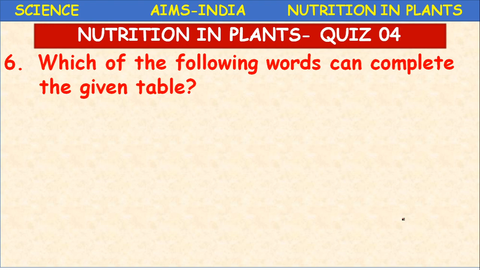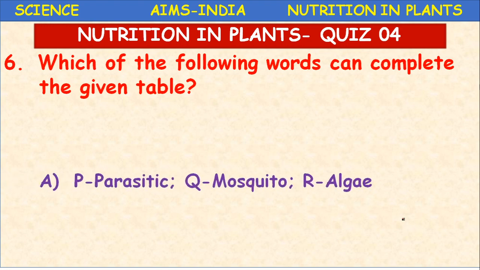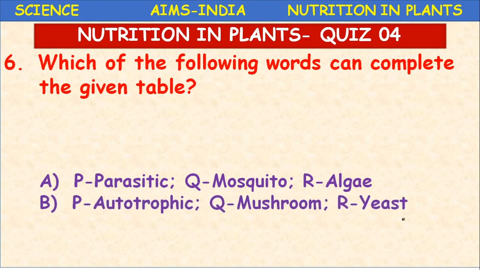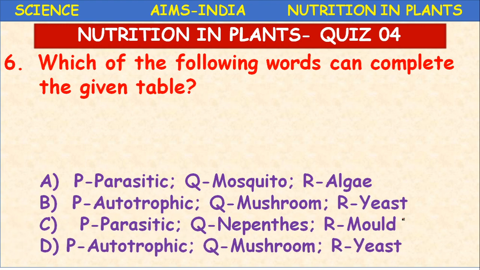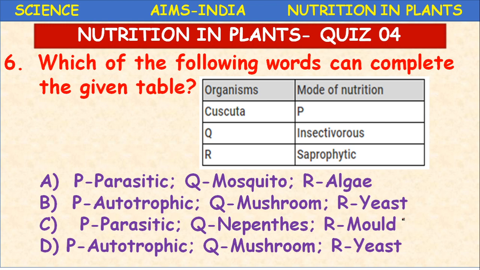Which of the following words can complete the given table? So here the table is given, organisms and mode of nutrition. So you have to complete these words which are empty.